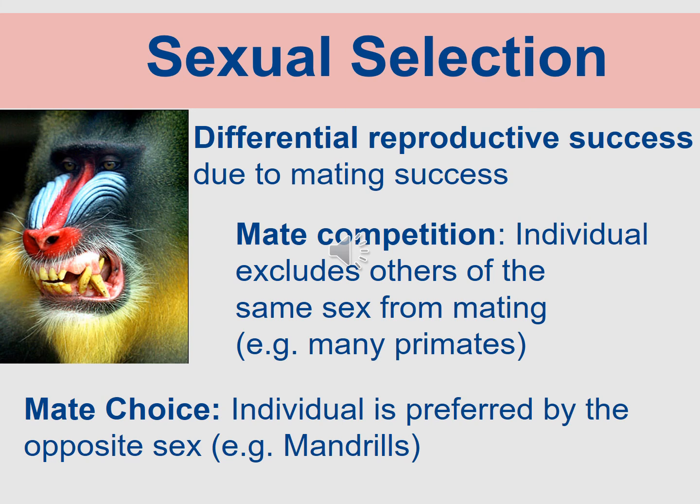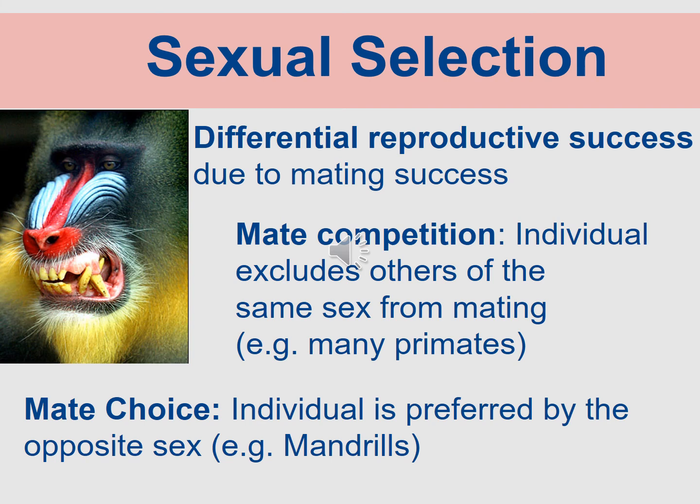Being able to produce more offspring and more offspring that survive into adulthood and sexual maturity to also reproduce themselves. So this is oftentimes due to mating success, right? Differential reproductive success, not output. Output is that they actually survive to adulthood oftentimes. Differential reproductive success is just how many offspring can I produce?